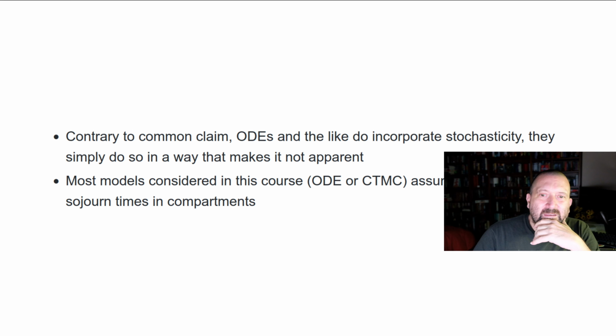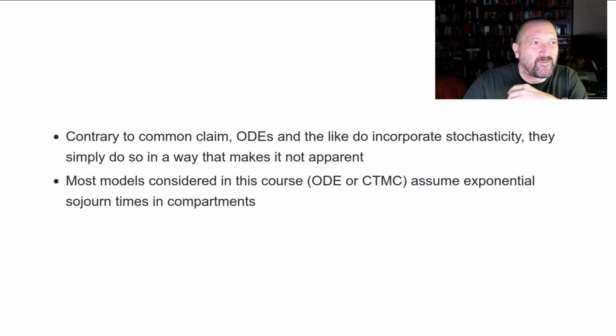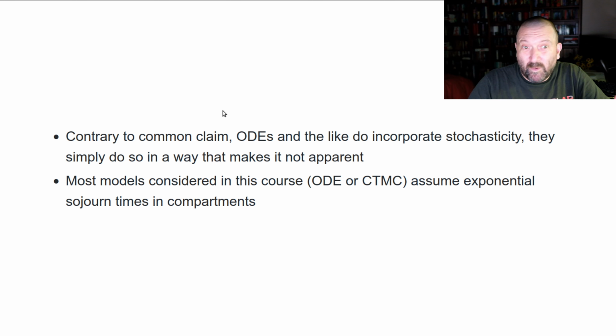I really like to drive this point because sometimes when you're talking with other modelers, they will say, yes, but you haven't put stochasticity in there and it should be there. And really, I think it's important to understand what's happening.